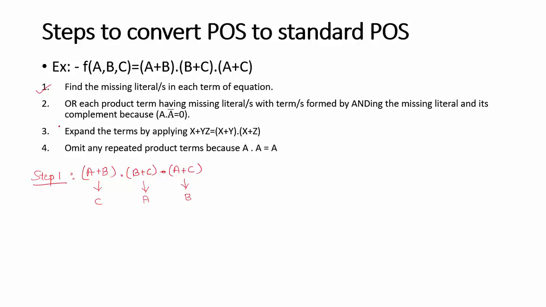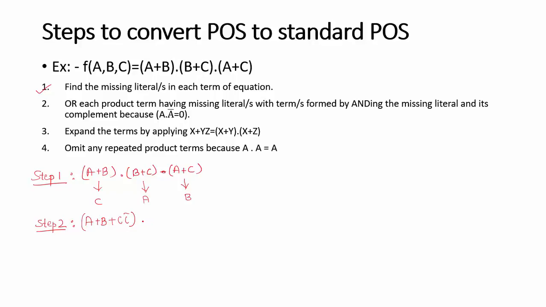Step 2 is to OR each product term having a missing literal with the term formed by ANDing the missing literal and its complement, because A and A bar is 0. This is a Boolean identity. By doing step 2, we OR each term with the term formed by its missing literal and its complement.